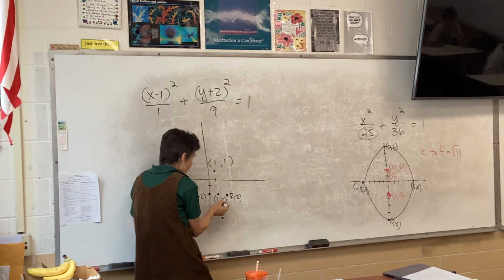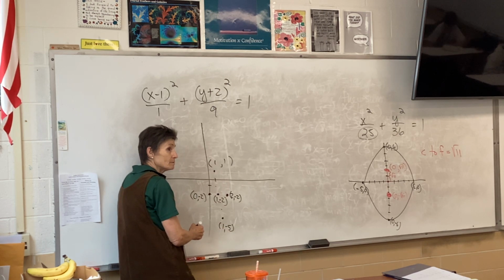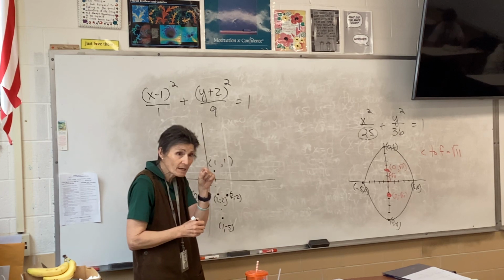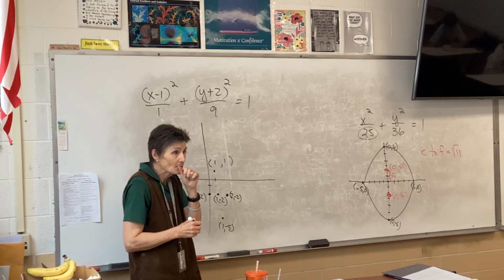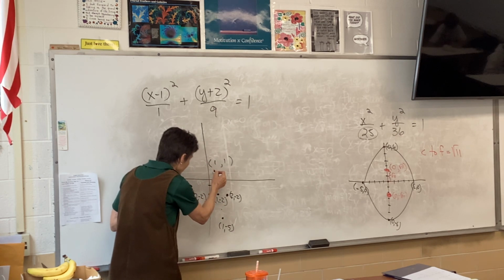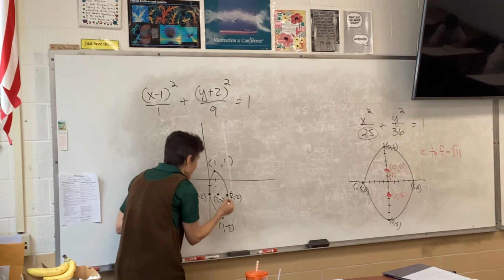And if I go straight down 3 from my center, I would be at 1, negative 5. Count the boxes, right? These 4 points that I'm getting ready to connect are my vertices.